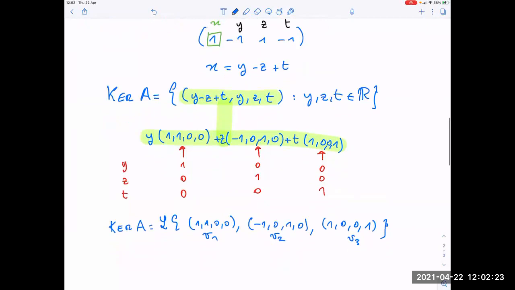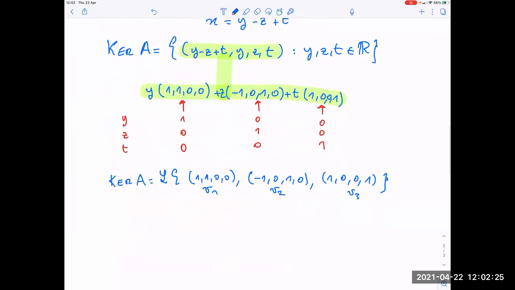Then how do you go and produce a basis? Well, you should go and reduce the matrix having these three as rows or columns, depending on what you prefer to do.